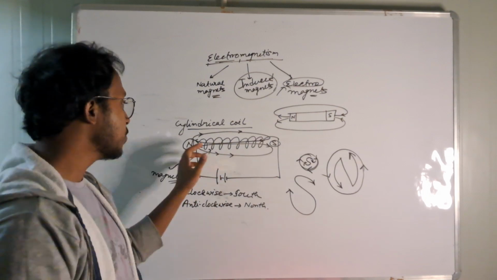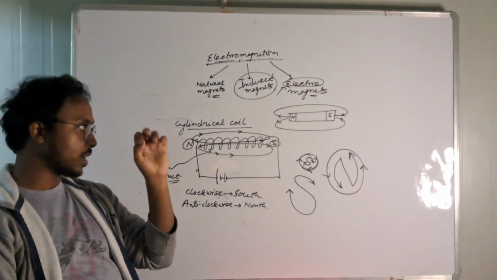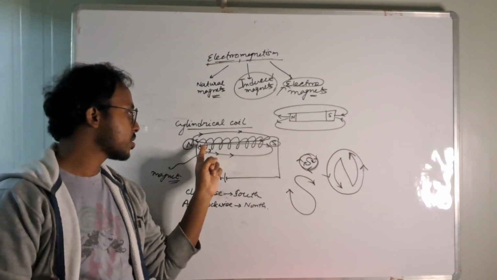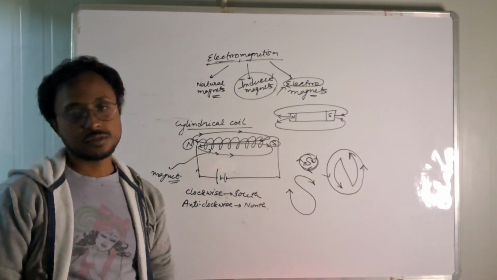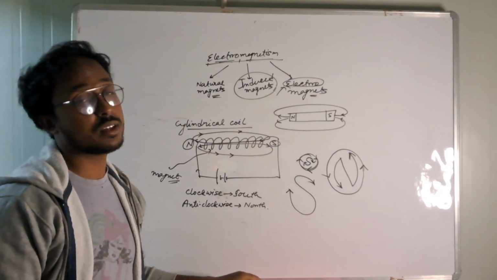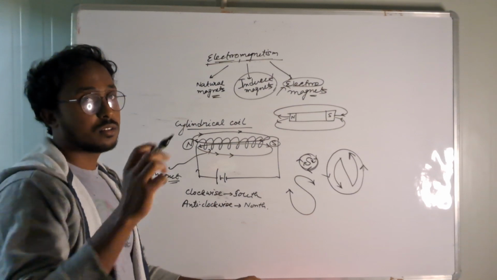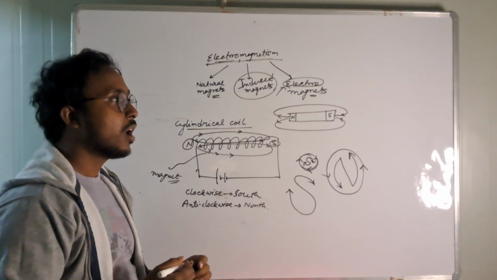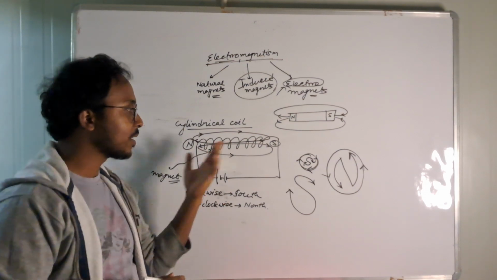If you look at it vertically, you will see anti-clockwise rotation at the north end and clockwise rotation at the south end. Once you get the north end and south end, you can easily draw the magnetic field lines and see how they will be oriented. They will be oriented this way.